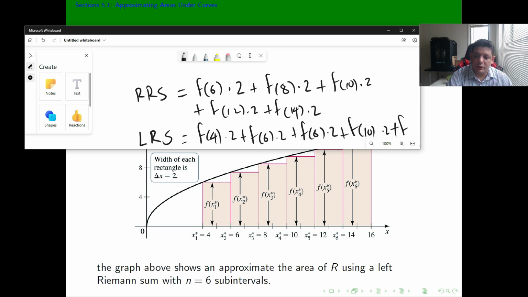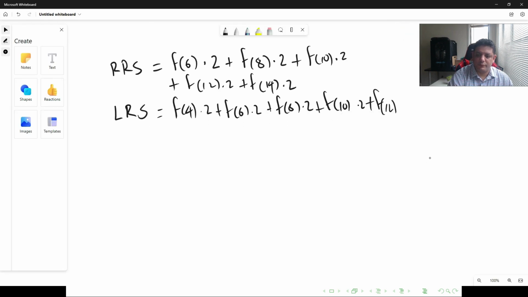F of 12 times 2, and I'm missing f of 16 on this one. Okay, so this is how it looks when we're calculating this area.